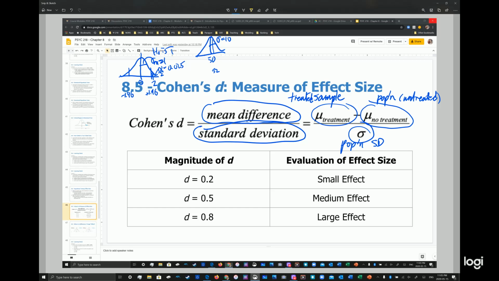Once we've calculated the effect size, that would be the mean difference between the treated sample and the population divided by the population standard deviation, not standard error. Then the effect size has several categories. If it's around 0.2, then we would consider that a relatively small effect.